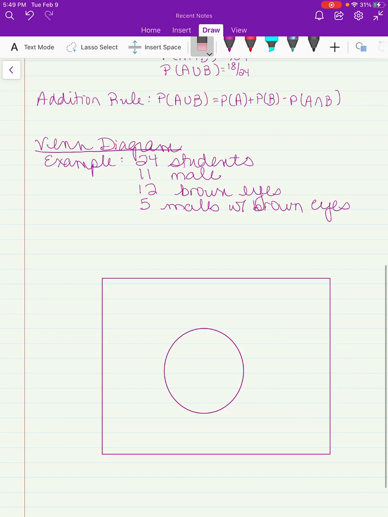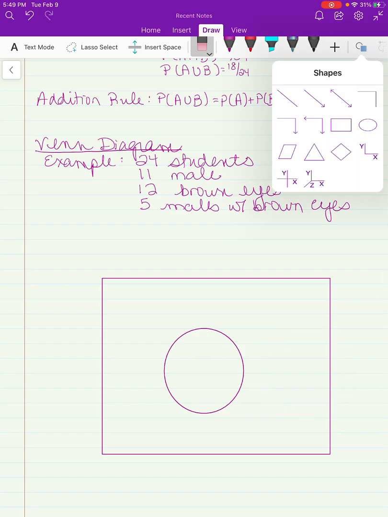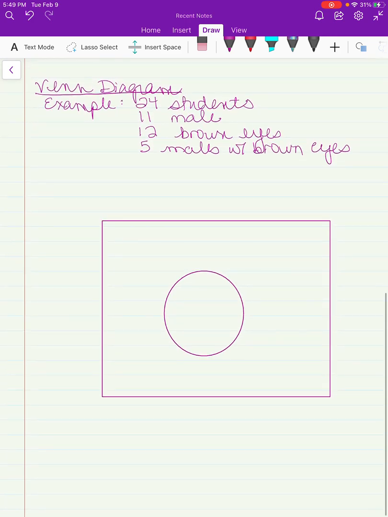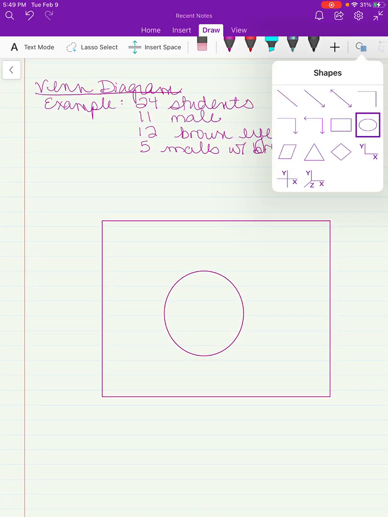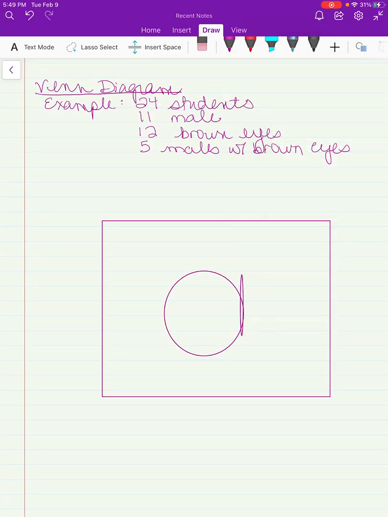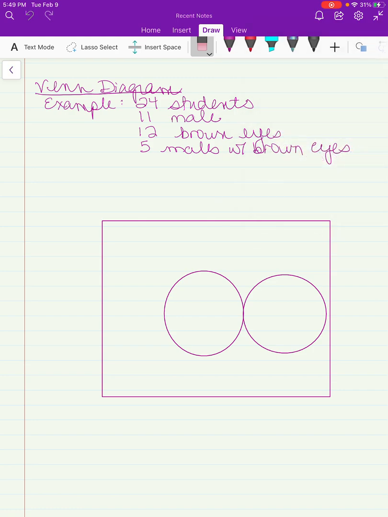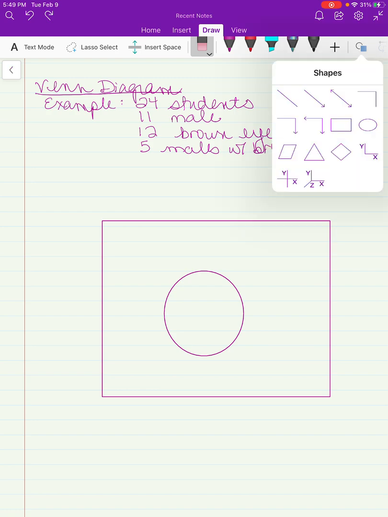See if I can get this circle in the right place. Sorry about that. Let me try this one more time.